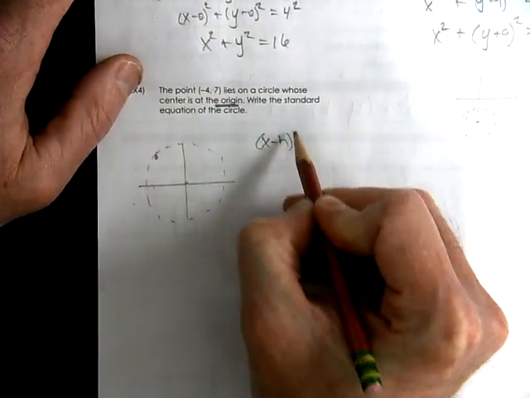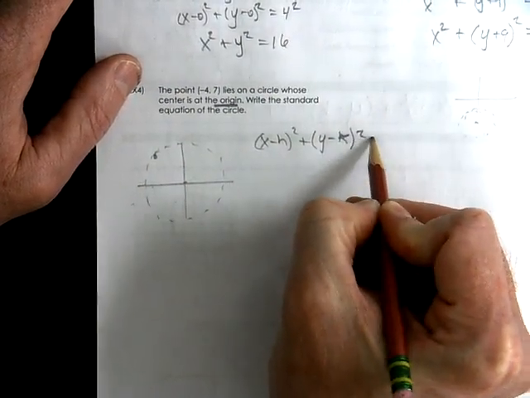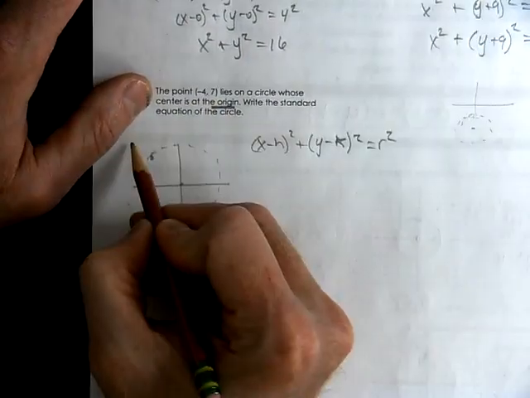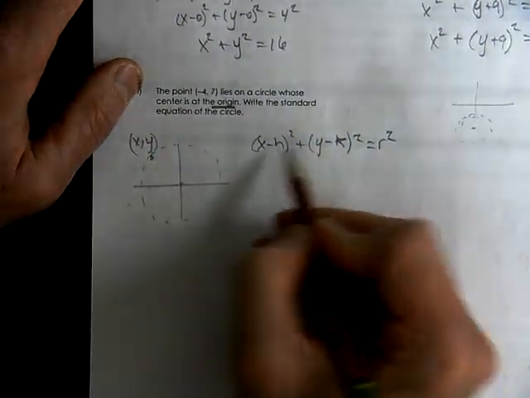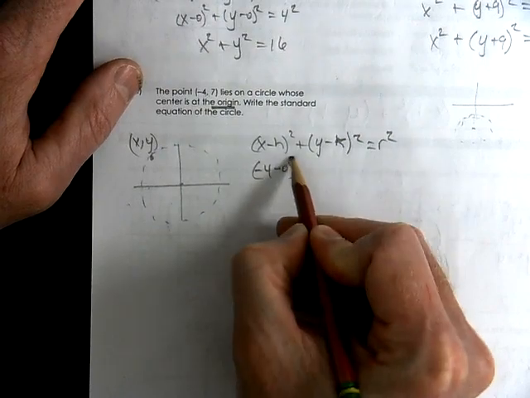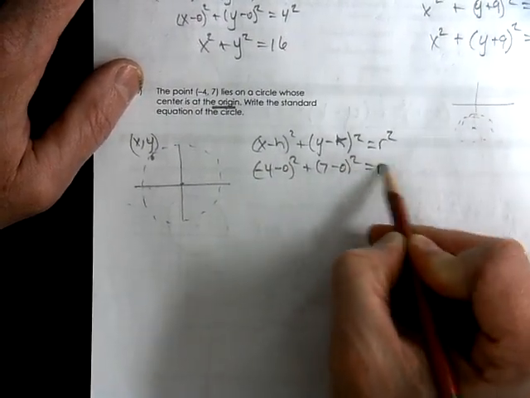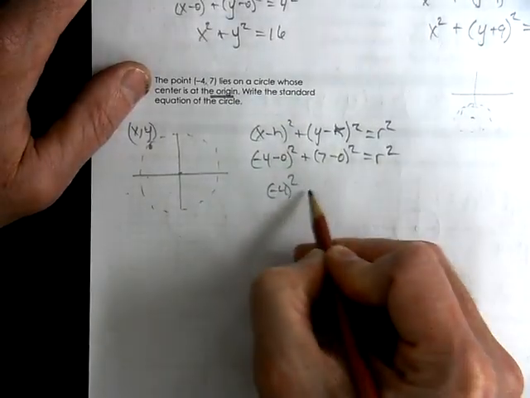So thinking about my equation again, I know this point is going to be considered my x and the y. So I have -4 minus 0 squared, and 7 minus 0 squared equals r squared. I don't know what my radius is.